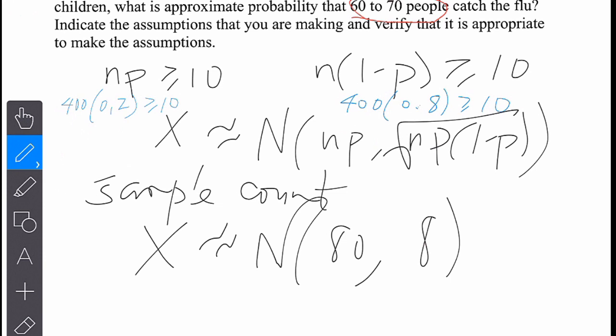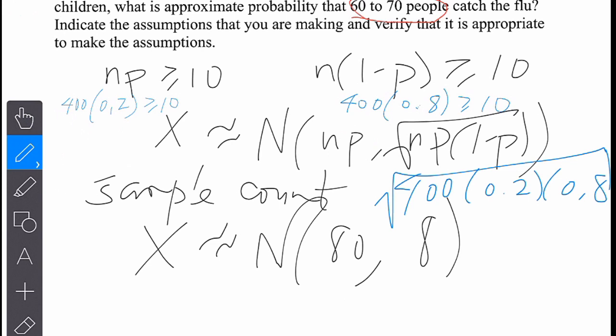Let me do that calculation on the side: 400 times 0.2 times 0.8 with a nice root around it. And when you do that, you get 8.